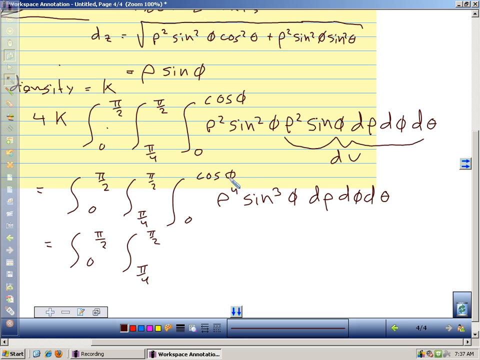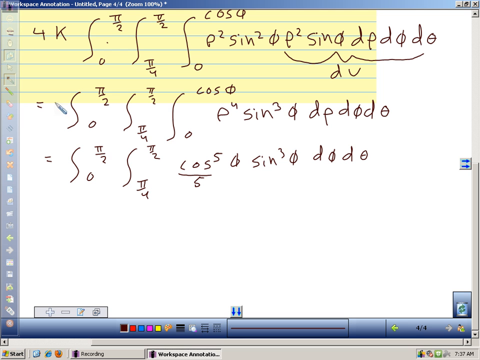So we get cosine to the 5th phi over 5, sine cubed phi d phi d theta, and we left out our k here.